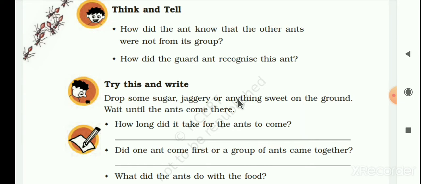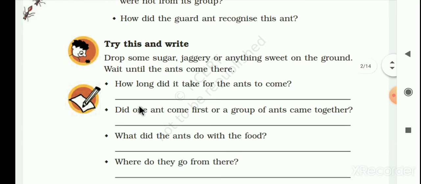You need to do this outside your home. Make sure. Wait until the ants come there. Just wait for a while and have a look. Obviously the ants will come because of the smell of the sugar, jaggery or anything sweet. Now have a look at the questions. How long did it take for the ants to come? Note down whether it took 5 minutes, 10 minutes, or half an hour.